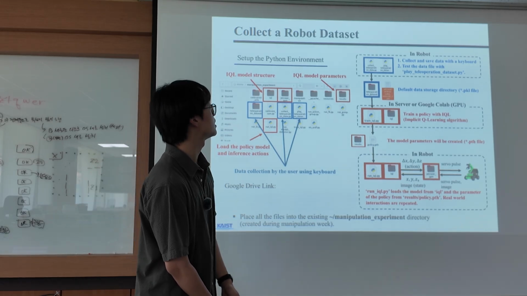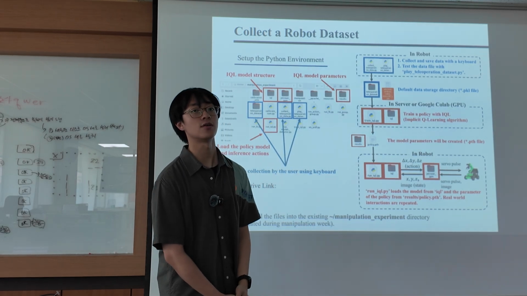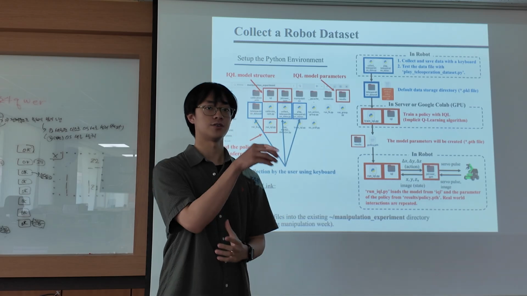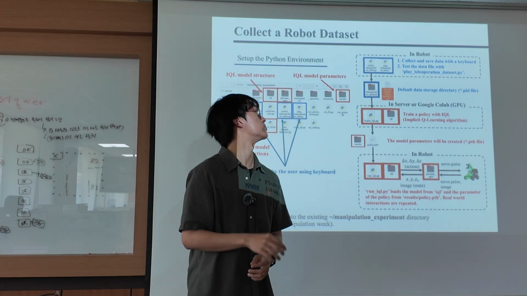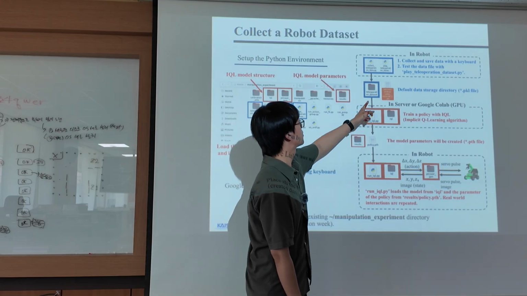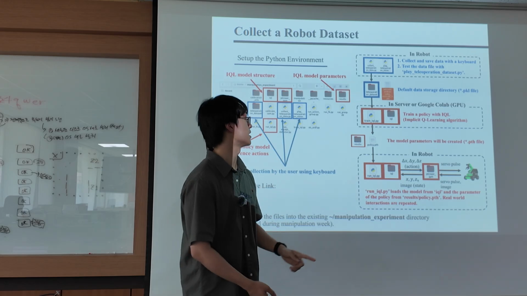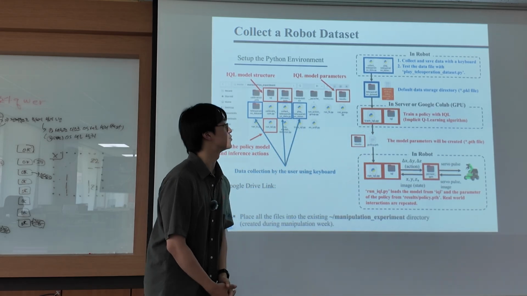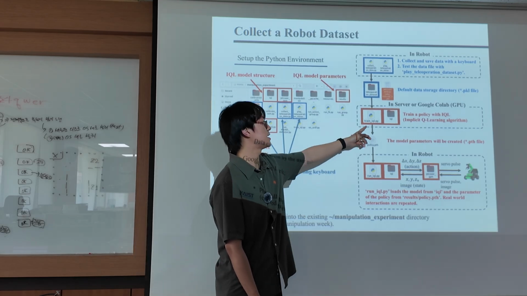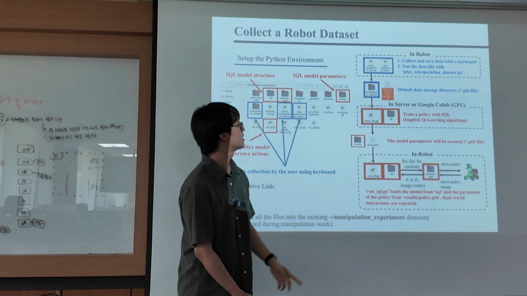So briefly in the pipeline, in the robot, we first collect a trajectory using the state and action to grab a cube. When we collect a data set, inside the teleoperation data set directory, a pickle file will be generated. We are going to use it inside Colab, outside the robot.